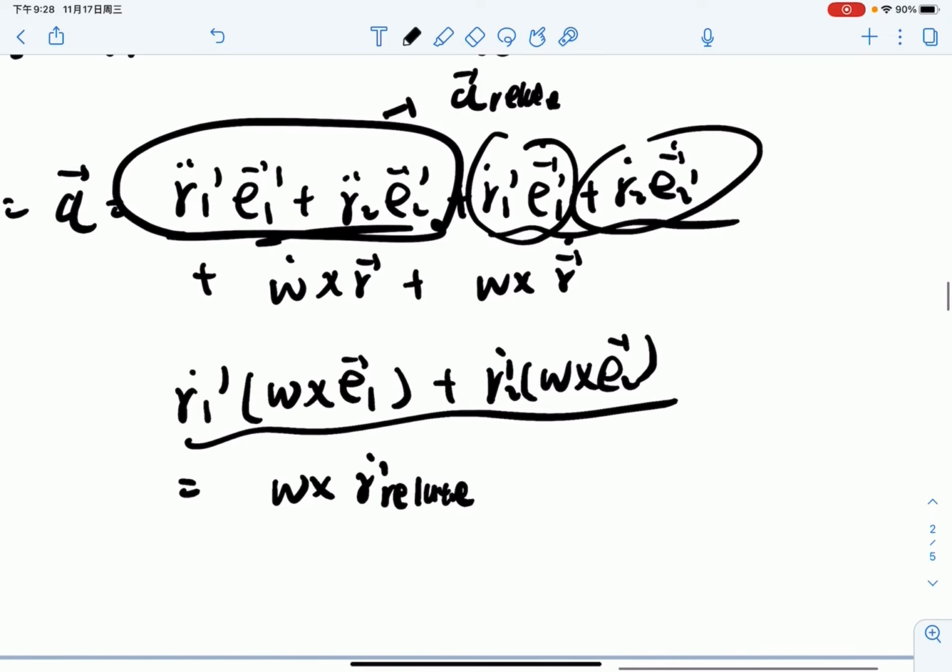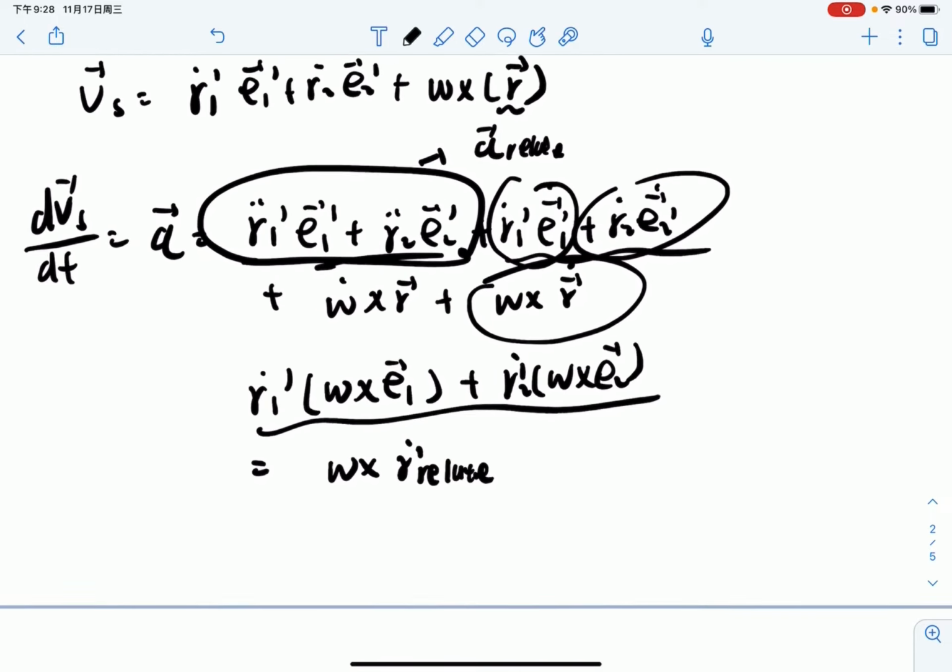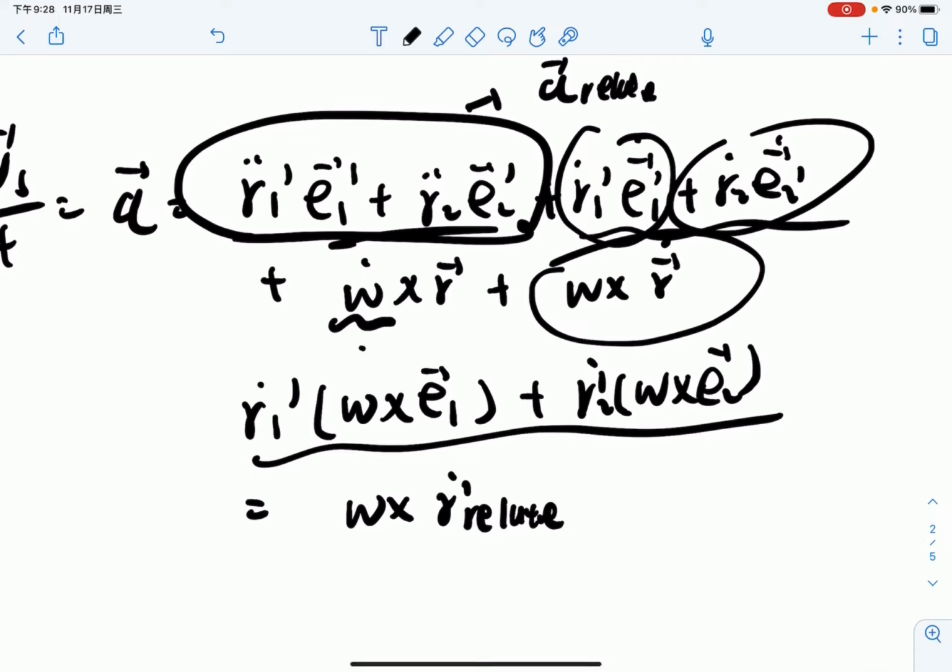And we can see there are two terms. And from this, we know that this is just going to be beta, which is the angular acceleration, or you can write it as alpha, I don't care about it.